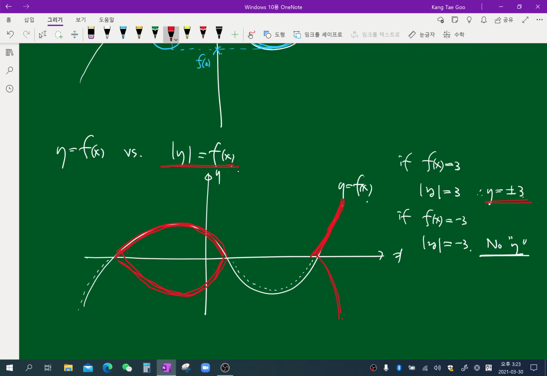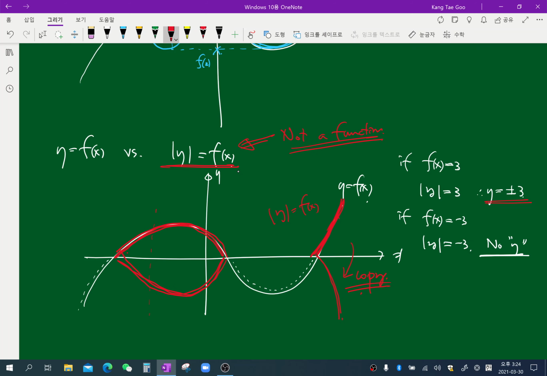So this is the region. The red one is |y| = f(x). I call this a copy. Now one thing here is, this is not a function. We can draw the graph, but for a single x value we have multiple y values. We don't call this a function, right?